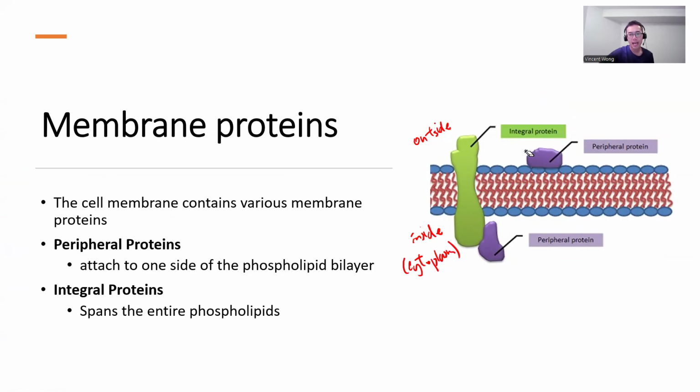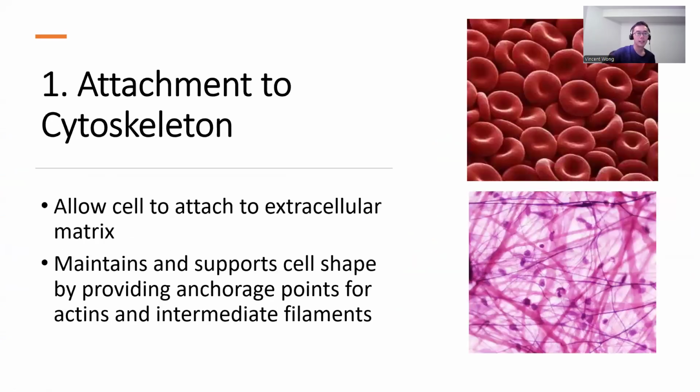If it's just attached on one side, then it is called a peripheral protein. So, first function of these proteins. Number 1, attachment to cytoskeleton. It allows cells to attach to the extracellular matrix.